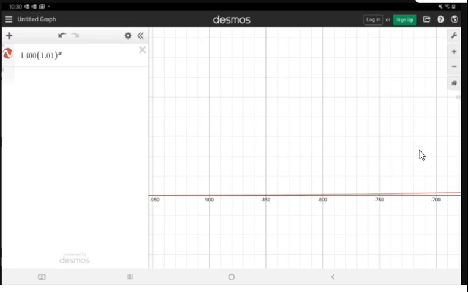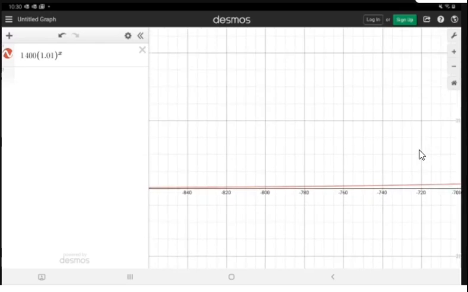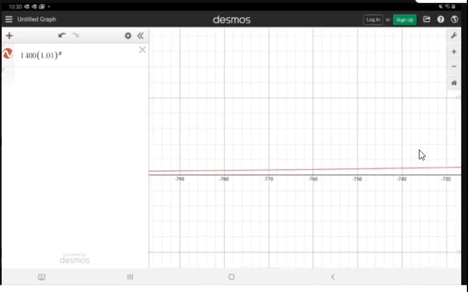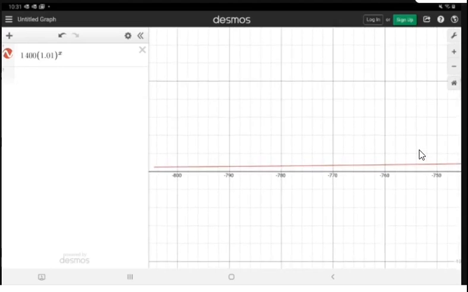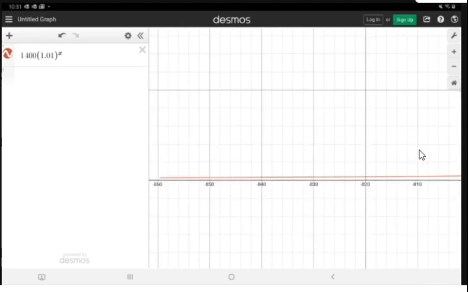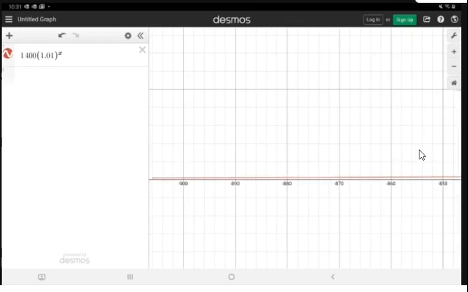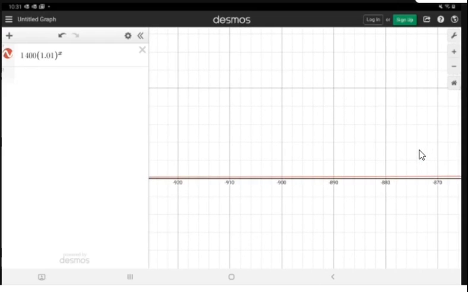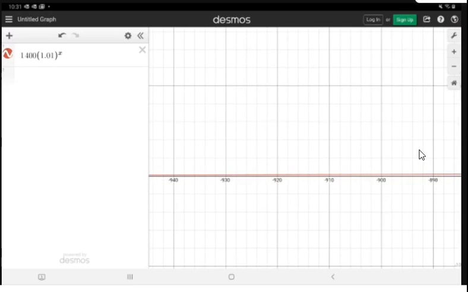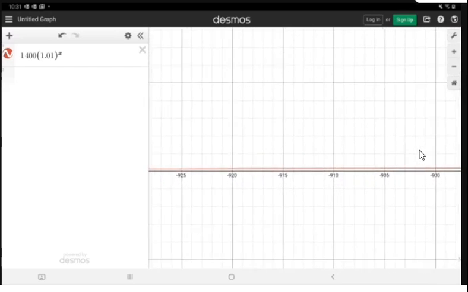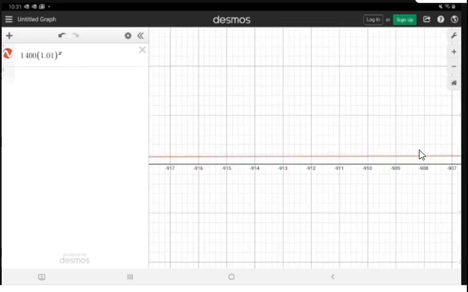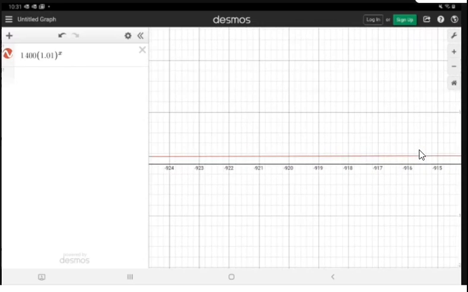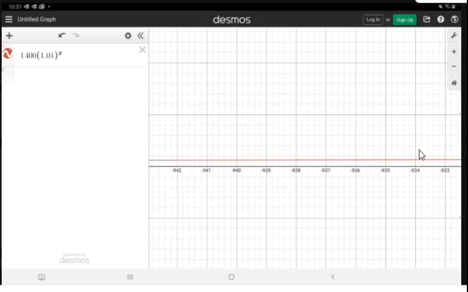That's our line y equals 0. So we have an asymptote at y equals 0. And remember, our function will keep getting closer and closer to that line, but it'll never actually cross it. It'll never touch it. So the further we go left, the closer it gets. And if it starts to look like it's getting really, really close, all we have to do is zoom in more, and you can see we're actually not there yet. We'll get closer and closer and closer the more left we go.